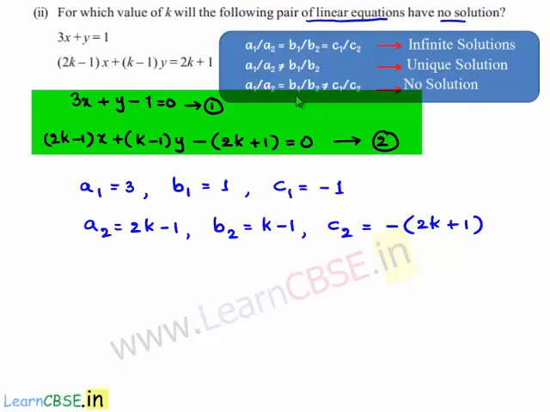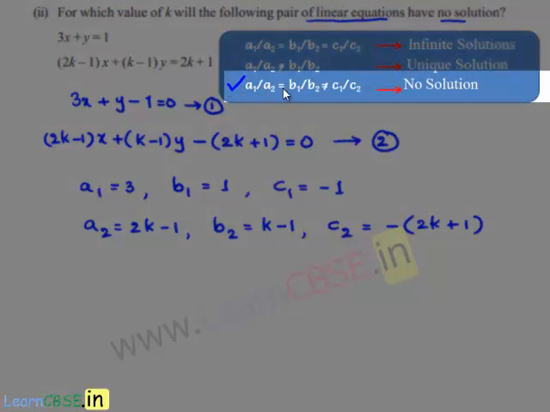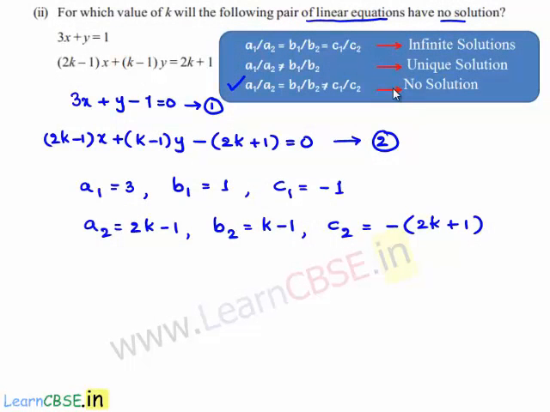So we can use the third condition, which is a1 by a2 is equal to b1 by b2, which is not equal to c1 by c2, for the no solution condition.